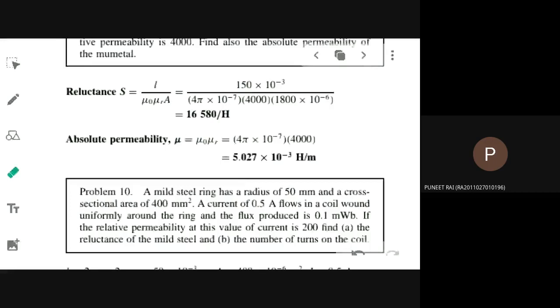What is the formula for reluctance again? Ma'am, l upon mu naught into mu r into A. So mu naught is known, 4 pi into 10 to the power minus 7. Mu r is given, 200. Area is 400. And mean length you have to find by using radius, 2 pi r, into 50 into 10 to the minus 3. So what's the formula?